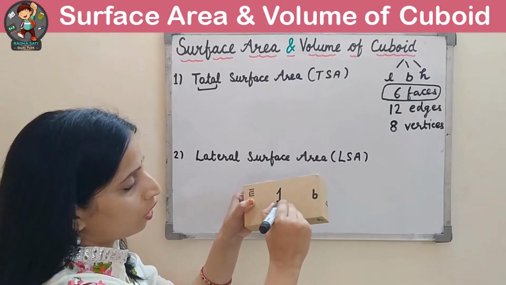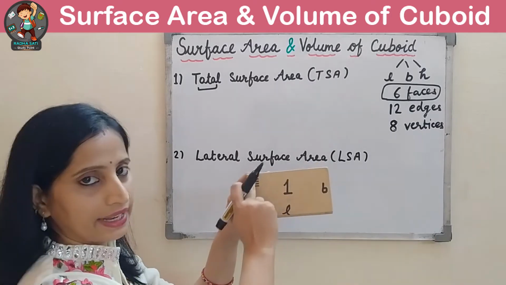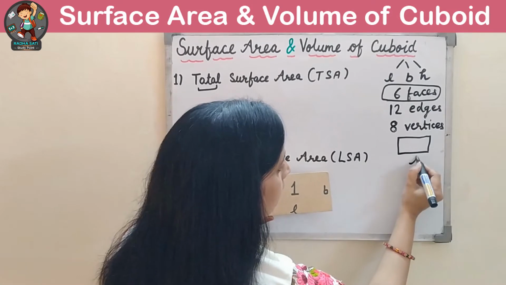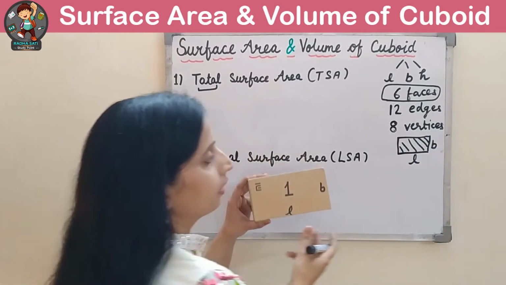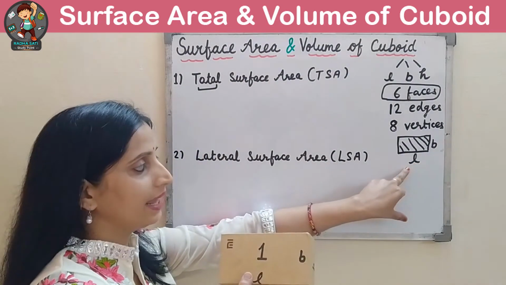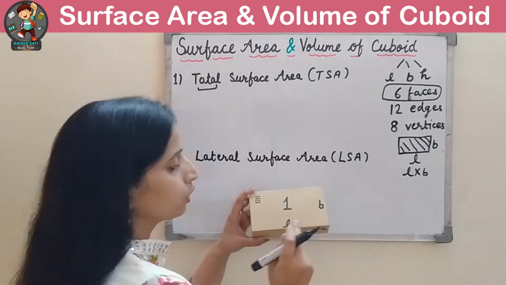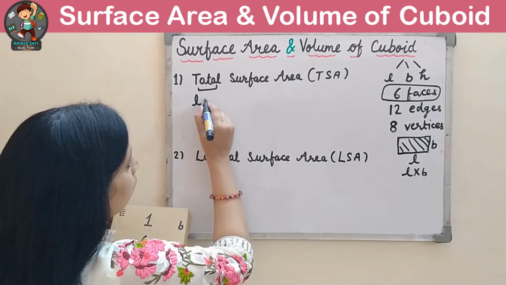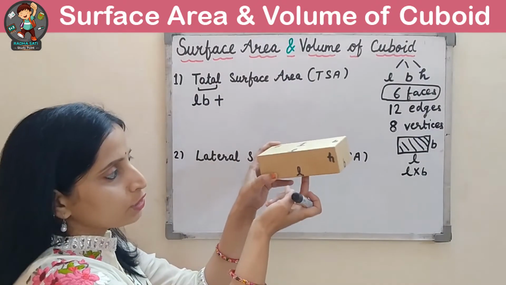So now first of all, find out the area of the first face. This is a rectangle with sides L and B, and we have to find the area of this rectangle. We know the formula of the area of a rectangle: it's length multiplied by breadth, L into B. So the area of the first face will be LB, plus the area of this bottom face.